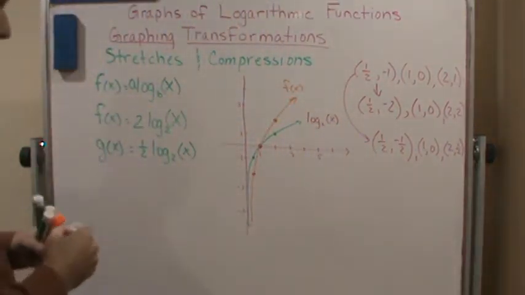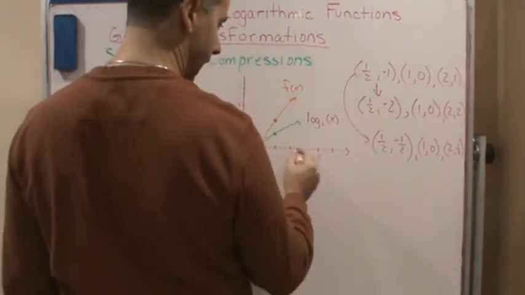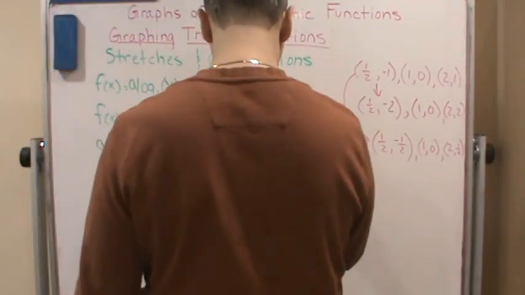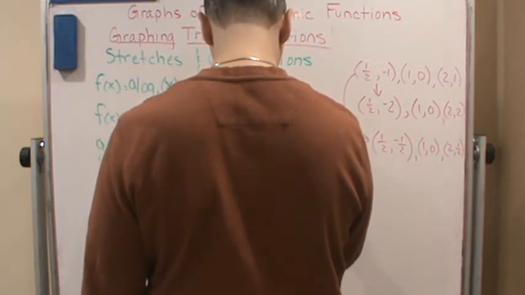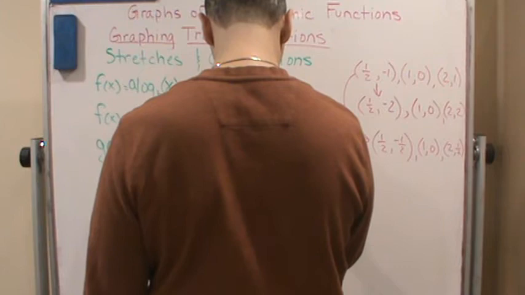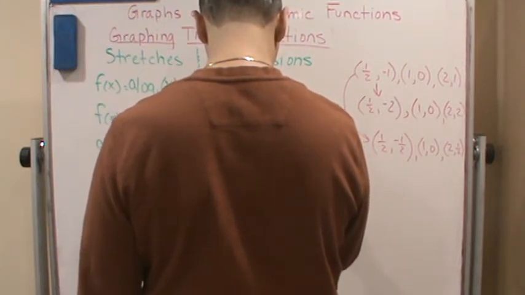And so now what happens? I'm going to plot these 3 points. So now it's going to be 1/2 comma negative 1/2, so it's going to be about here.